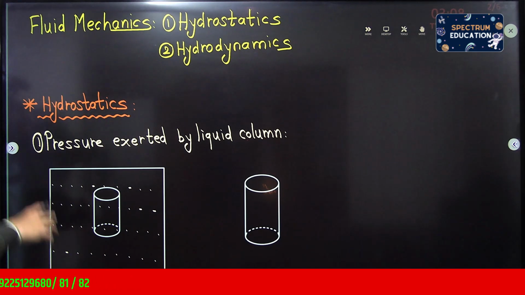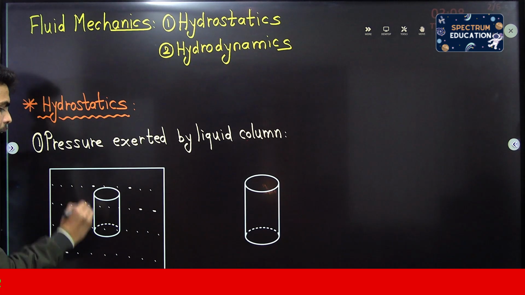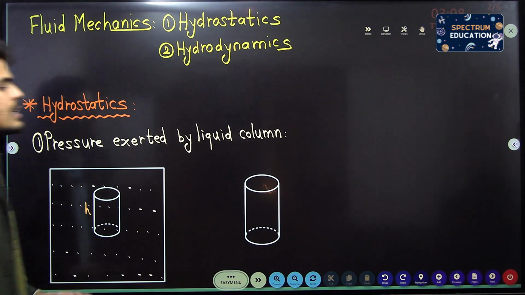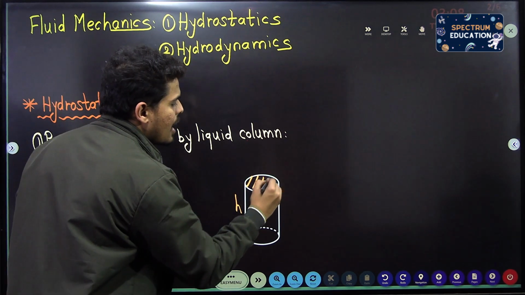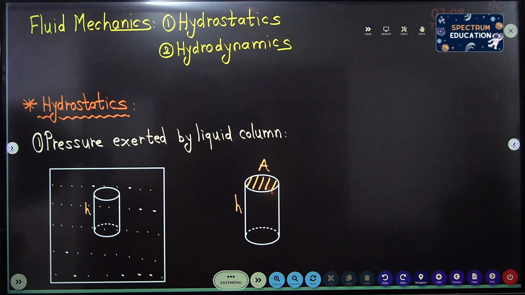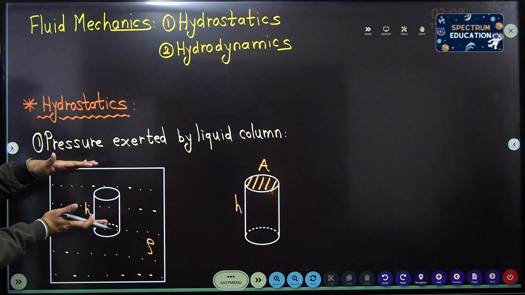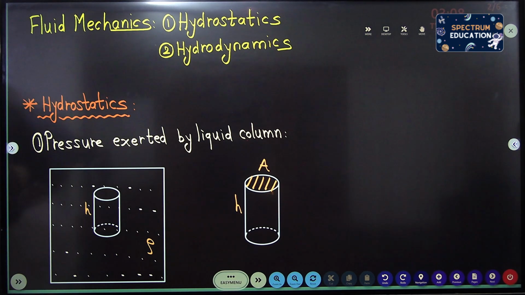Suppose h is the height of that liquid column. The cross sectional area of that liquid column is capital A. And if the fluid has density rho, then gravitational force acts on this column.